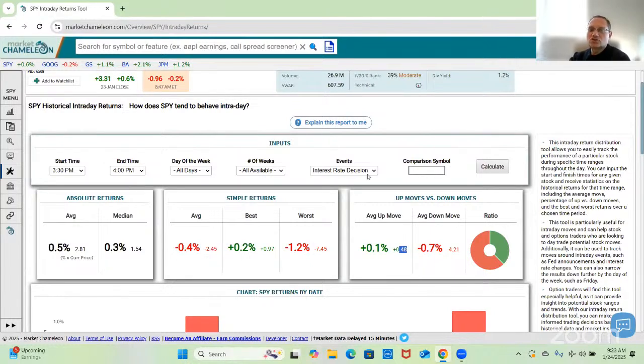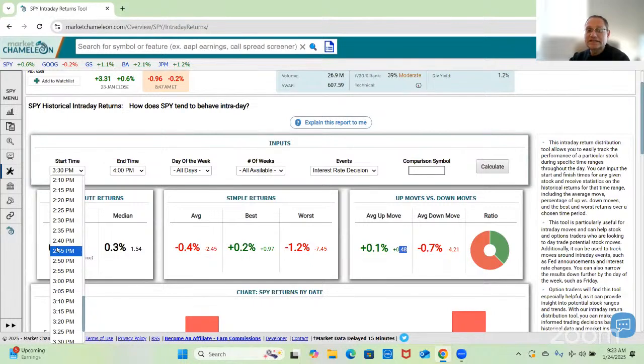Let's try to do that interest rate decision and see what about leading up to it. Let's say our strategy is we're just going to create a strategy leading up to, not including, the interest rate decision, but leading up to it.